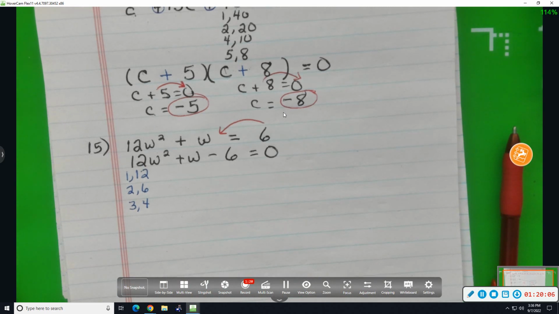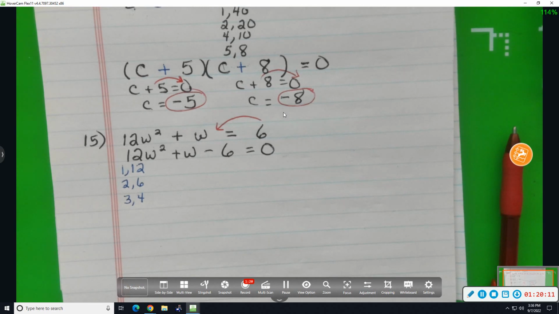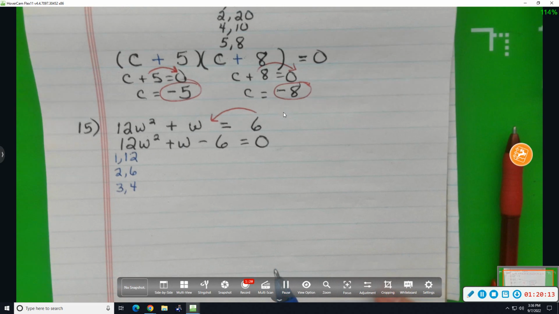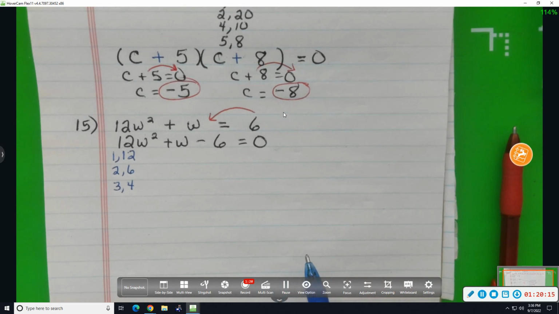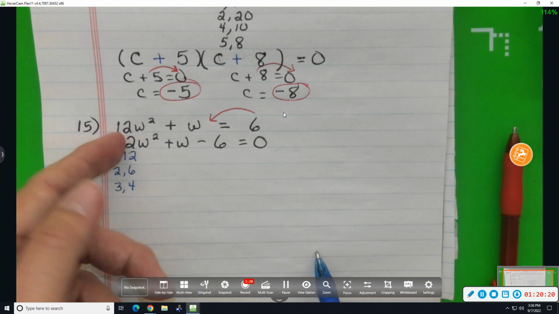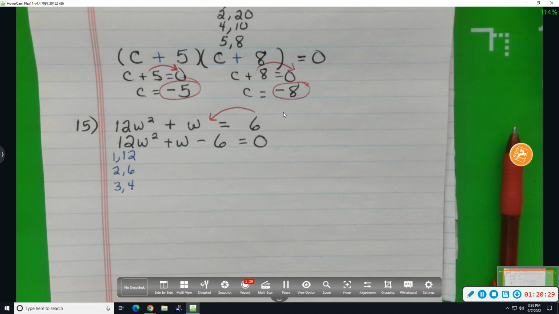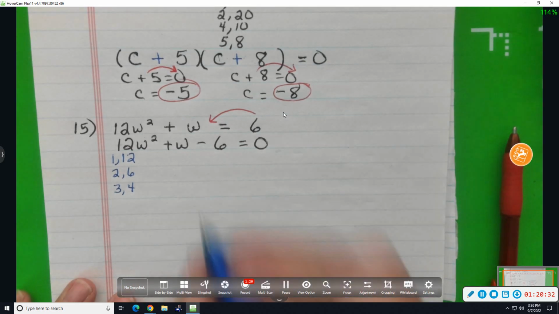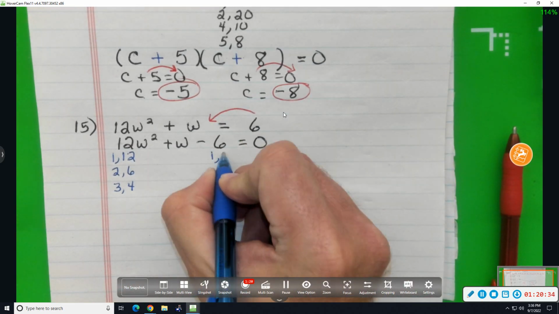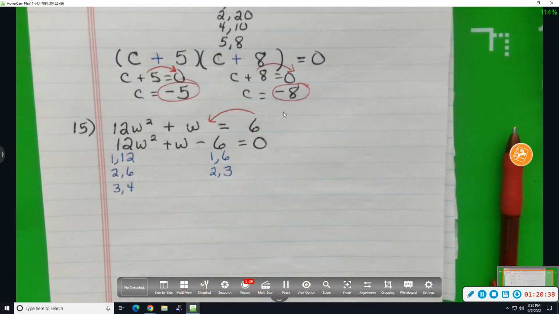I immediately began a gentle encouragement for the person to get the multiplication tables and start refreshing your memory from the multiplication tables. Now, if this had been 312, yeah, you're going to have to use a calculator to try to figure out just numbers that multiply. But for 12, that's straight from the multiplication tables. Just like 6. 1 times 6 and 2 times 3.